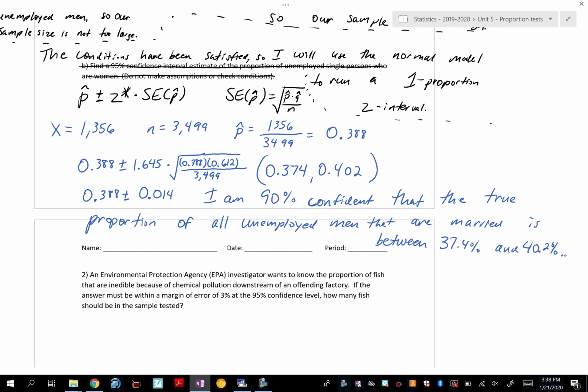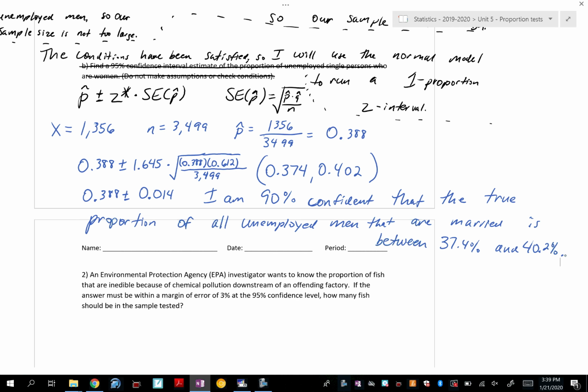I want to say a couple more things before I let you guys move on to your own attempts. The first thing I want to say is kind of going back to what Jarvis mentioned about the margin of error, but I want to focus on the interval. The number one thing you should see about this interval is what's in the exact middle of this interval. 0.388.